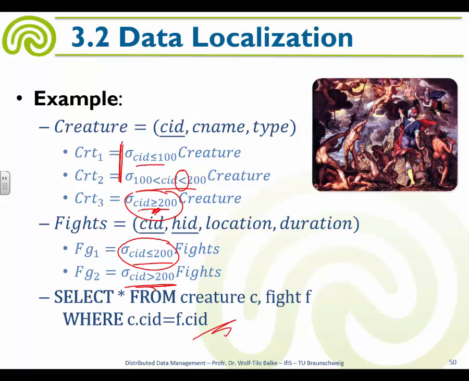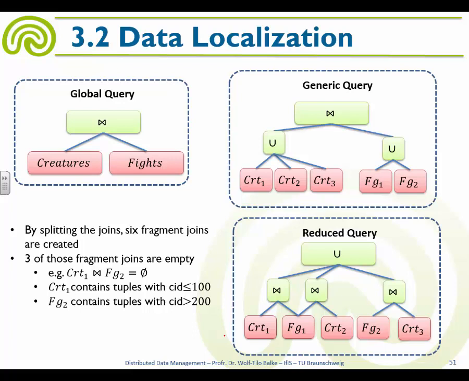Okay, then let's do the select star from creature C, fight F, where CID is CID. Global query. Everything together, 3 union parts here, 1 union part here. Generic query gives us exactly that. Now we could also do the splitting of the joins and see which parts of the joins are empty.